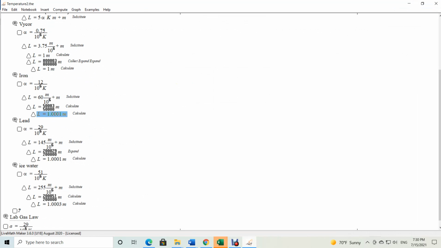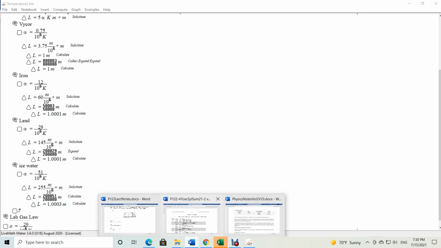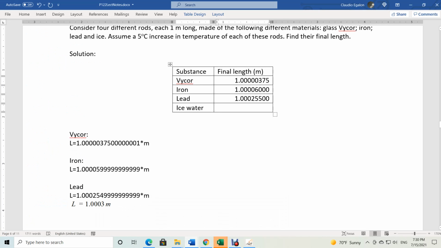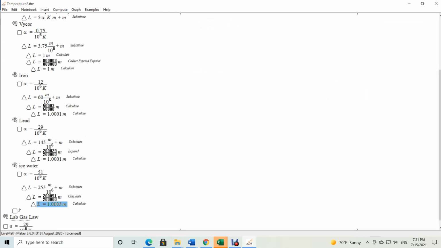And let's get ice water. Let's take it down. Here you go. And becomes 500. Okay, oh, wait a minute, that's ice water. Lead must be different. Lead should be different, right?